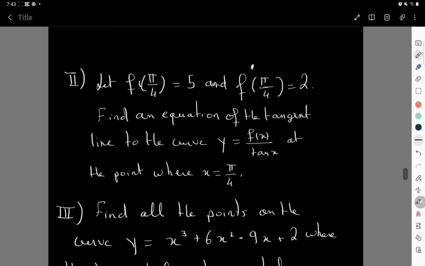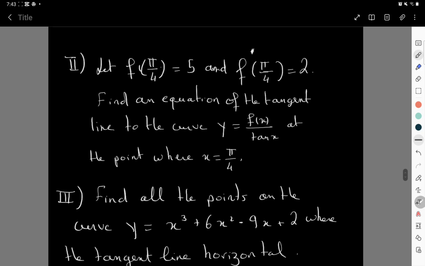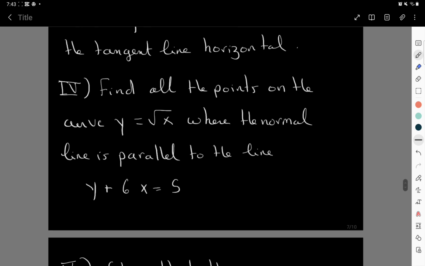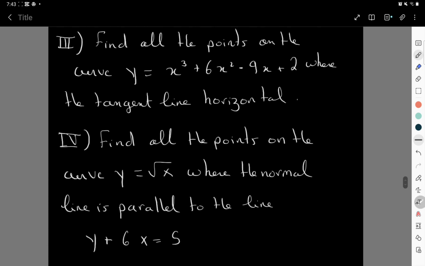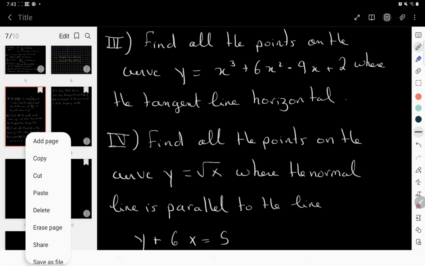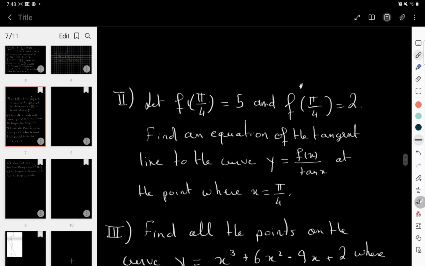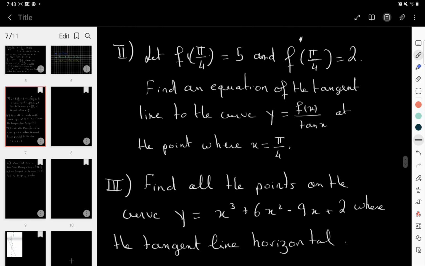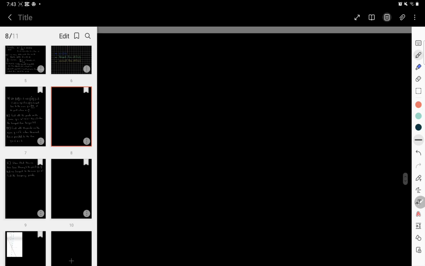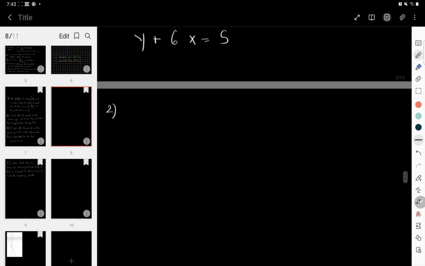Okay, now let's move on to this exercise. So let f of pi over 4 be 5 and f prime of pi over 4 be 2. We need to find an equation of the tangent line to the curve y is equal to f of x over tan x at the point where x is equal to pi over 4. So let me actually add a new page in order to do this question. So f of pi over 4 is equal to 5, f prime of pi over 4 is equal to 2.